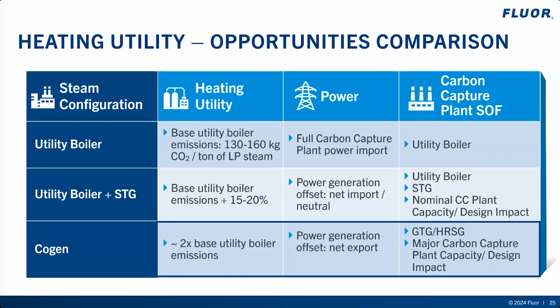This creates a power export opportunity, which requires additional project drivers beyond just the carbon capture plant to consider implementation. Again, the benefit of the additional power generation comes at the expense of an increase in the carbon capture plant scope of facilities. But in this case, the additional flue gas generated from the carbon capture cogeneration unit significantly impacts the size of the carbon capture plant relative to just the base emissions.